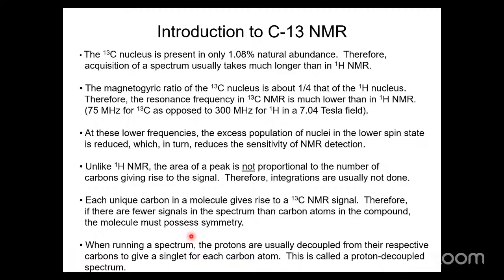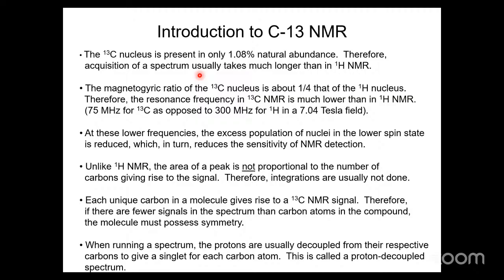The C13 nucleus is 1.1% naturally abundant. Therefore, acquisition of the spectrum usually takes much longer than hydrogen. Direct observation of the carbon skeleton has been available as a practical basis only since the early 1970s. The carbon-12 nucleus, which is the most abundant nucleus, is NMR inactive.